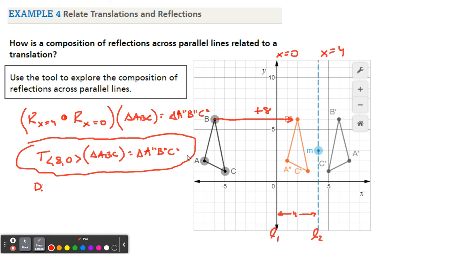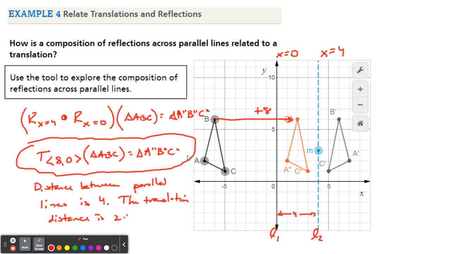So the distance between the parallel lines is 4. The translation distance is 2 times 4, which is 8.